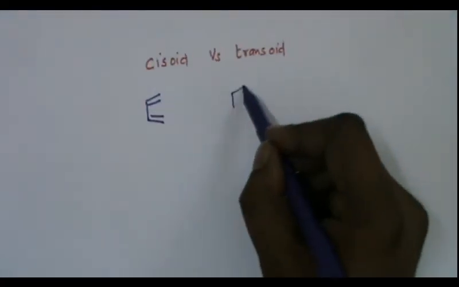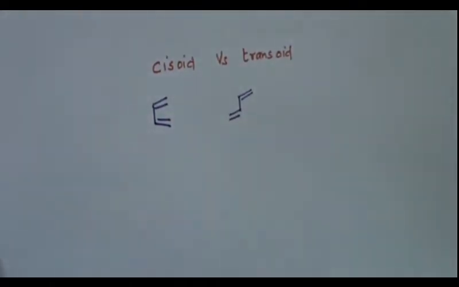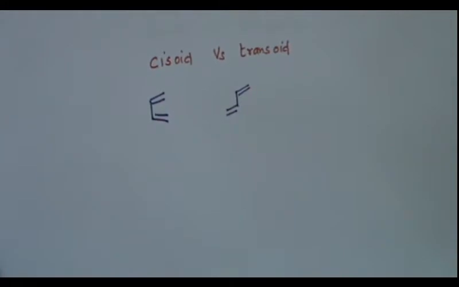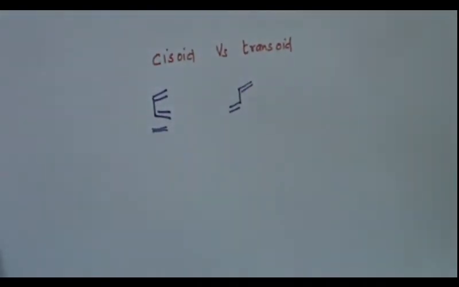Transoid, both the olefins, they are facing opposite directions. For a diene to undergo Diels Alder reaction, it should have this Cisoid conformation, or it should be able to attain Cisoid conformation by rotating through carbon-carbon single bond.